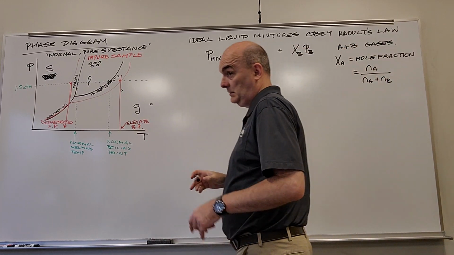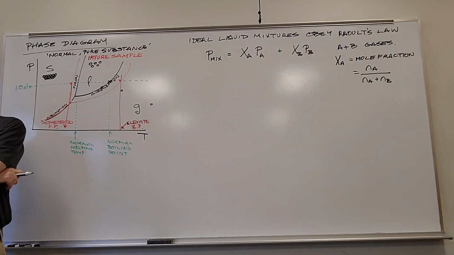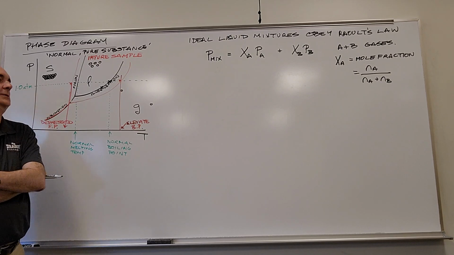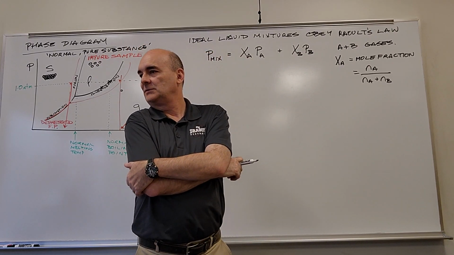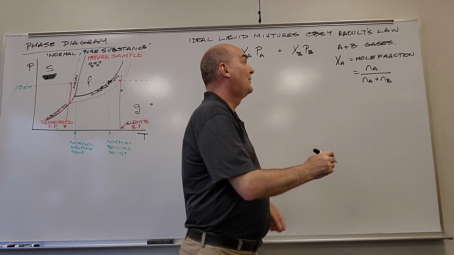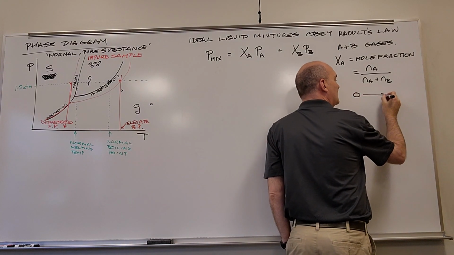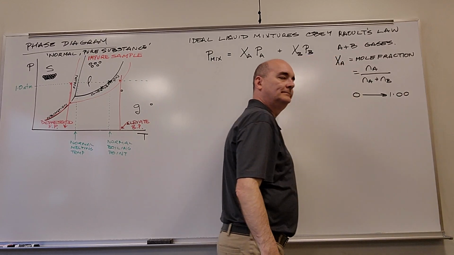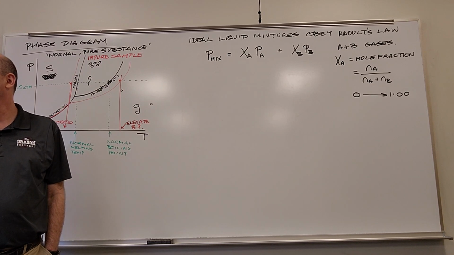And because currently I'm limiting myself to two components, the total number of moles is NA, number of moles of A, plus the number of moles of B. This gives me a range of mole fraction from 0 to 1.0. It's a percentage, except it's not out of 100. If I multiplied this by 100, it would be a percentage.